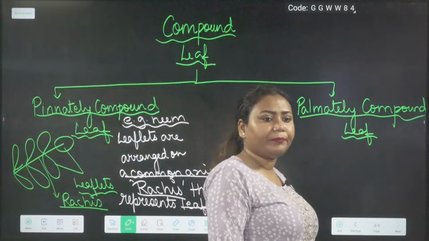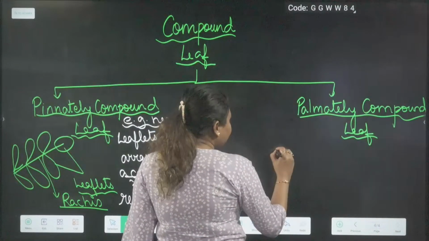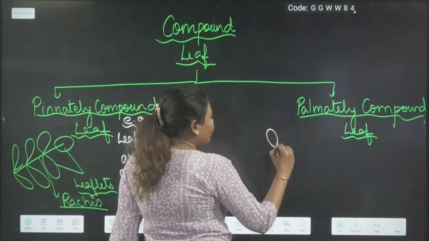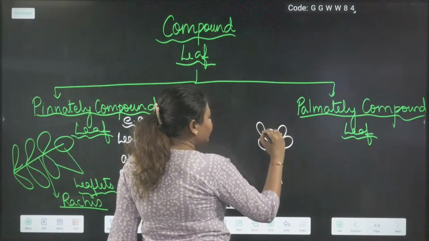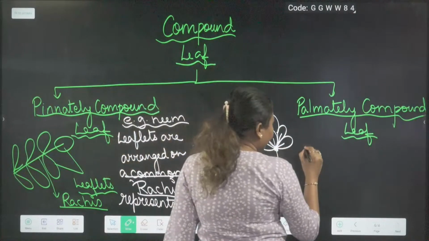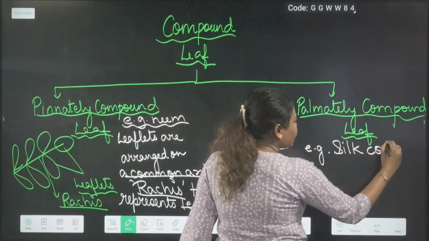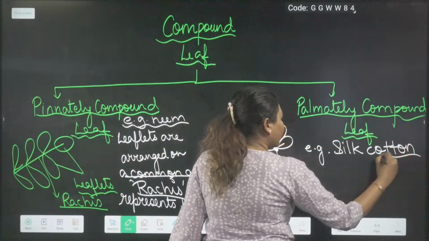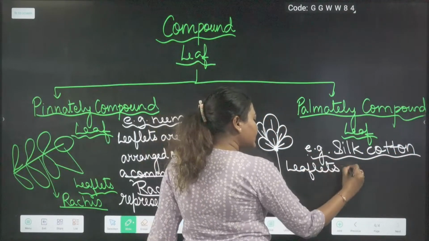Next comes palmately compound leaf. This is your petiole. All the leaflets are arranged at a common point. What is that common point? Tip of petiole. Example of palmately compound leaf is silk cotton.